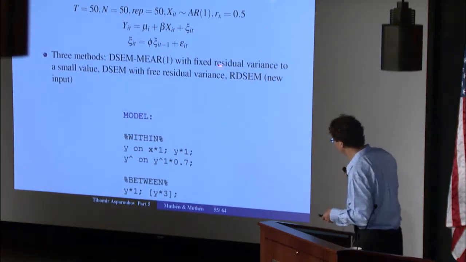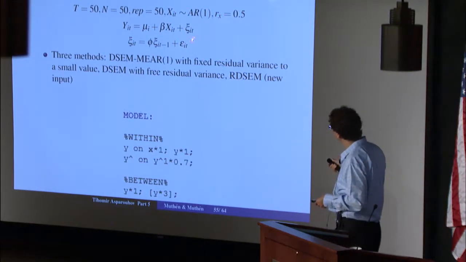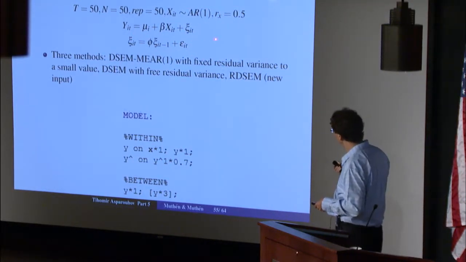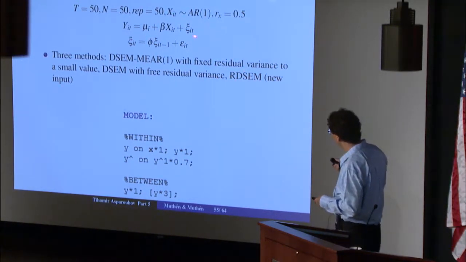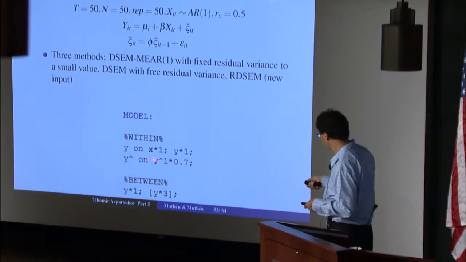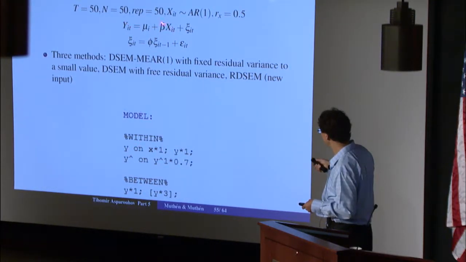So how can you estimate this model? There are 3 ways to estimate it. You can do it with the DSEM model, which is basically here. This is the model input. The y on x here is this equation, and then the autoregressive equation is here on the within level.